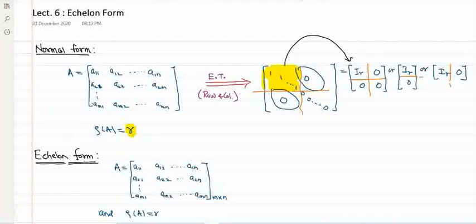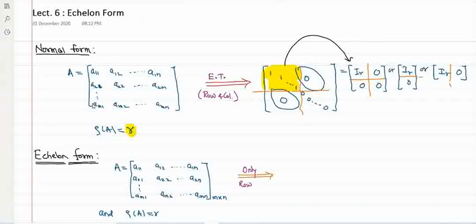Then to reduce this matrix to echelon form, what do you have to do? For echelon form, you have to apply only column transformation. I will use the word only, sorry, row transformation.